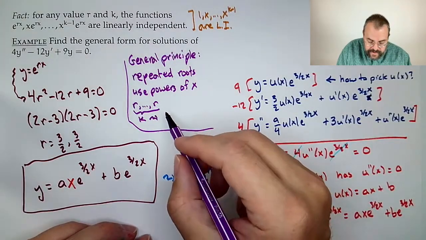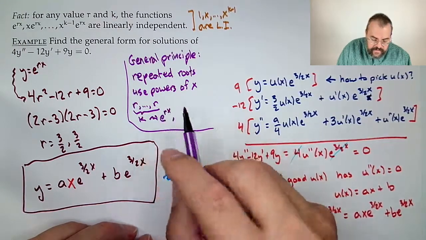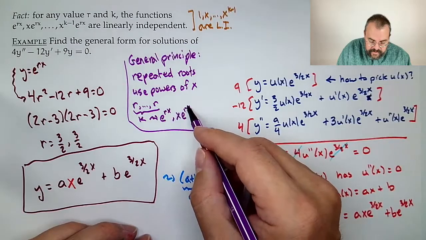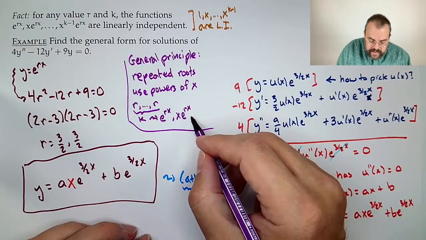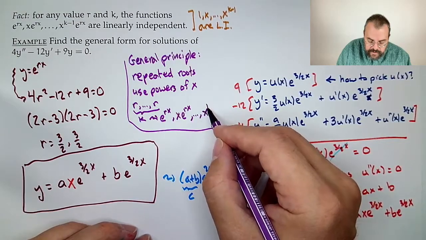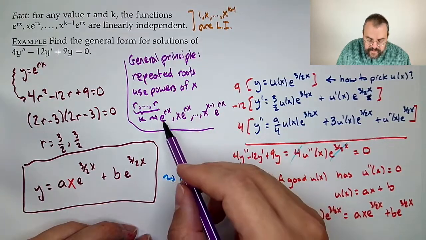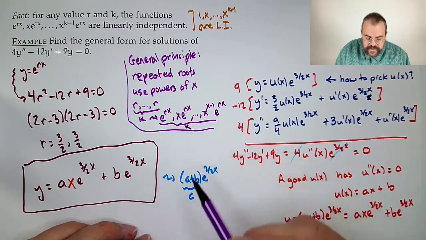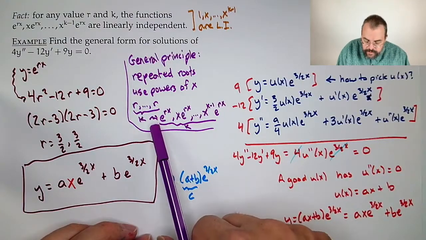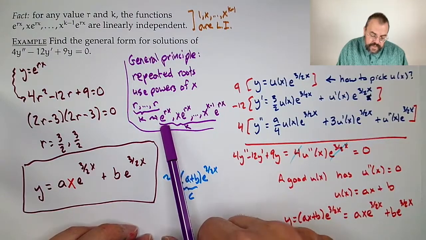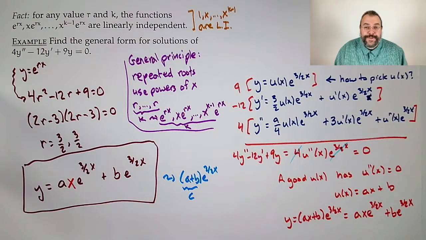Then you would have the functions e to the rx, x e to the rx, and you keep multiplying by x until you get up to x to the k minus 1 e to the rx, so that you have k of these functions. So if a root is repeated k times, we like that e to the rx, and we just keep bumping it up enough times so that we have enough solutions.